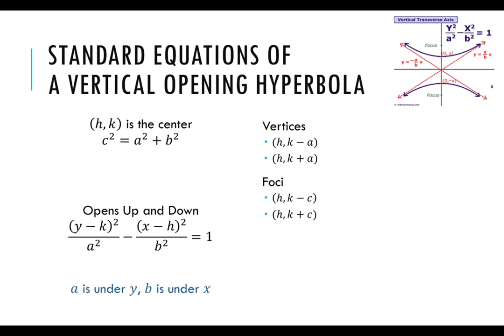And then our foci are going to be shift down a distance of c and up a distance of c from the center. The asymptotes are specifically going to be y minus k is equal to plus or minus a over b times x minus h. And if you're trying to find the asymptotes, that's how you can find them. And then the transverse axis, because it's a vertical transverse axis, is going to be x is equal to the x-coordinate of the center, which is h.